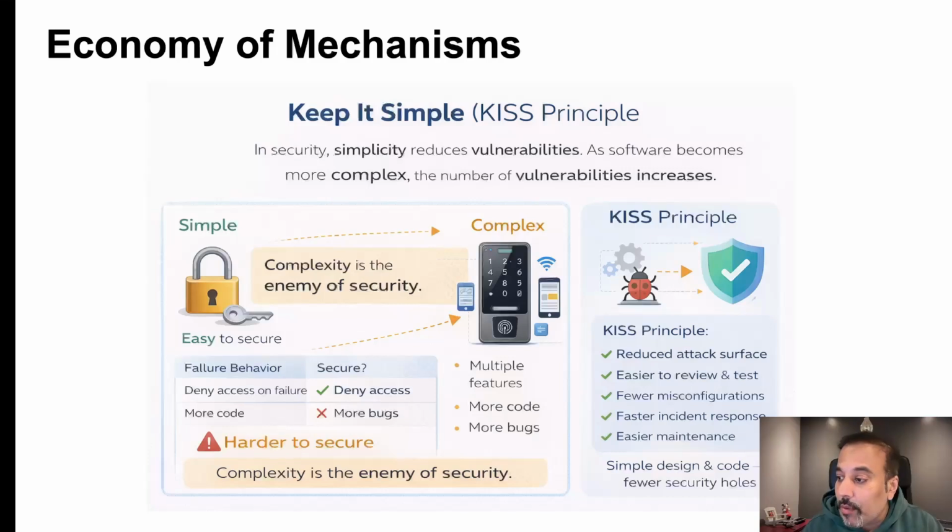There will be fewer moving parts, and obviously it is easier to review and test, with fewer misconfigurations, faster incident response, and easier maintenance as well. Whereas if you make it a complex one, then there are multiple layers of controls you have to add, and on top of that you have to make it secure as well.